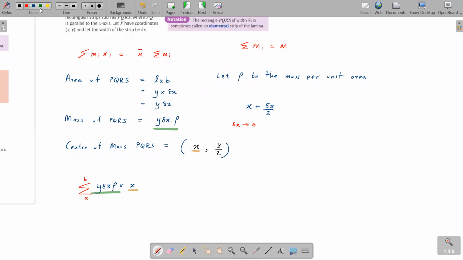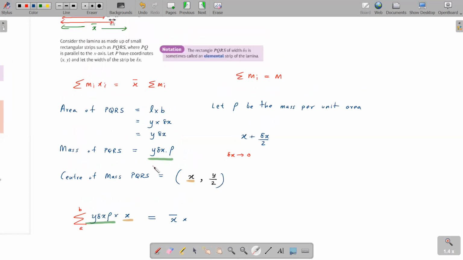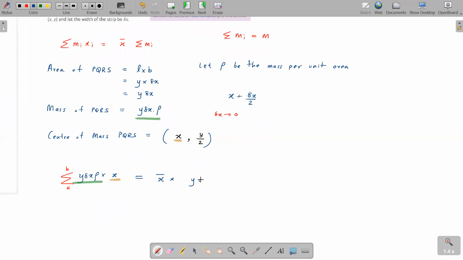Right, guys? This is equal to total mass. Or this is equal, let's write here first, x bar times total mass. So x bar is the center of mass, what we are concerned with finding, into total mass. So total mass is, guys, I think you can see the mass of one rectangle is there. Can you see, y delta x rho is the mass of one rectangle.